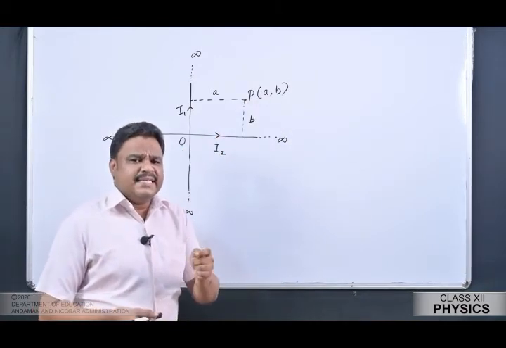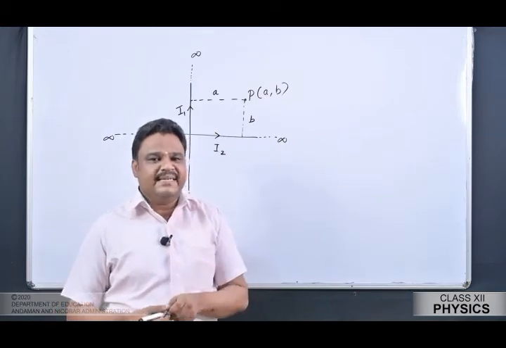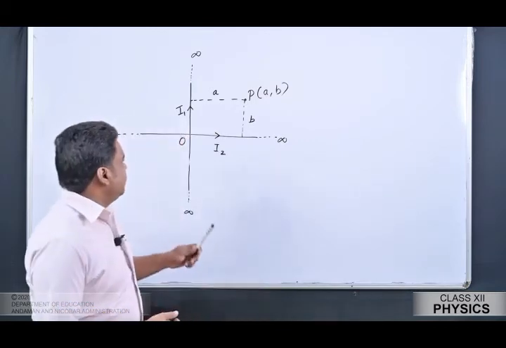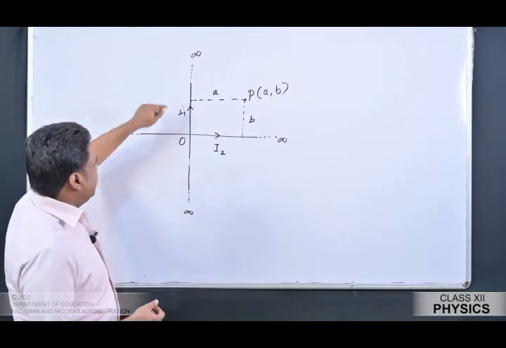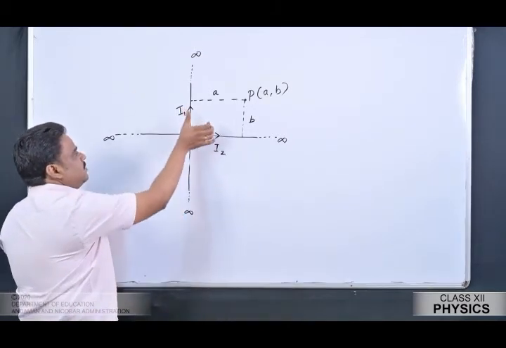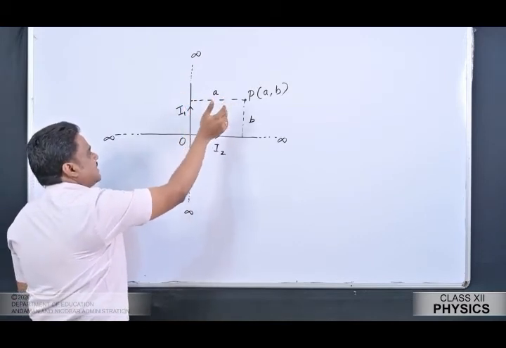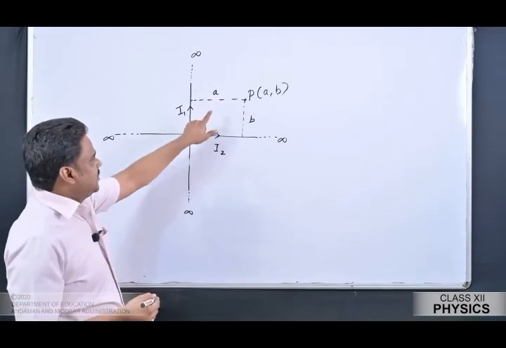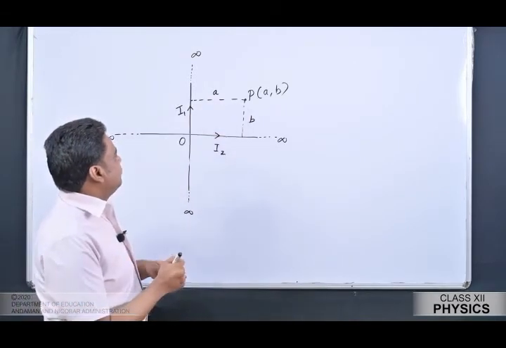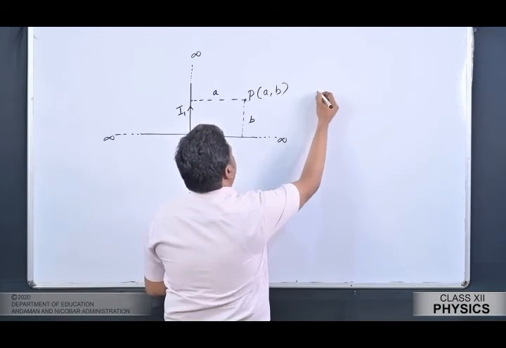So let us explore one by one the contribution of each straight conductor at point P. I'm going to take my first conductor, say the current I1. You apply the rule. You can see the current flows in the direction of the thumb. At point P, it acts inwards. So the direction of the magnetic field due to the flow of current I1 acts inwards. I'm going to mark it as B1.